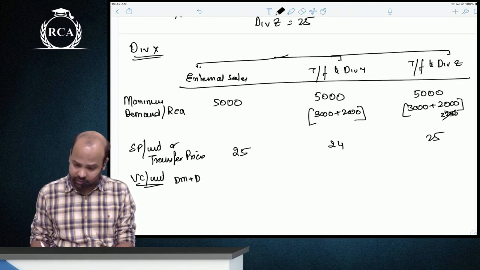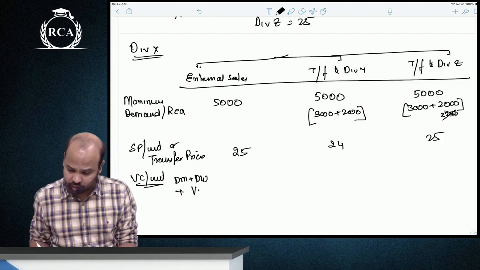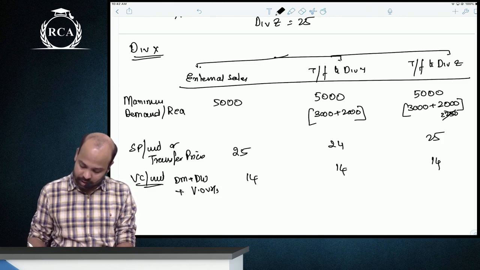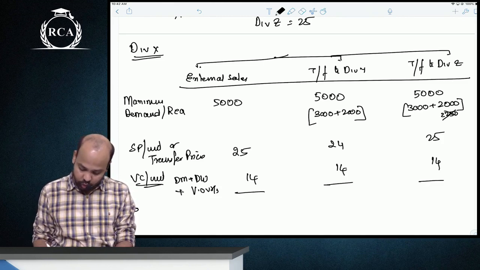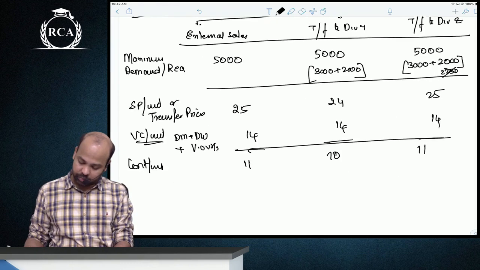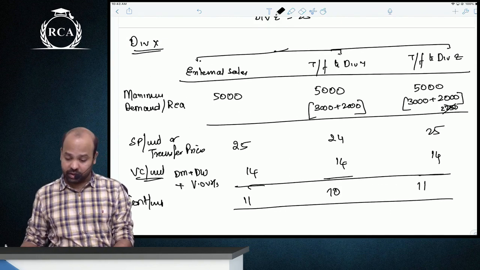Direct material plus direct wages plus variable overheads, all put together is 14 rupees. So the contribution per unit that they are going to get out of all of this is 11 rupees, 10 rupees and 11 rupees.